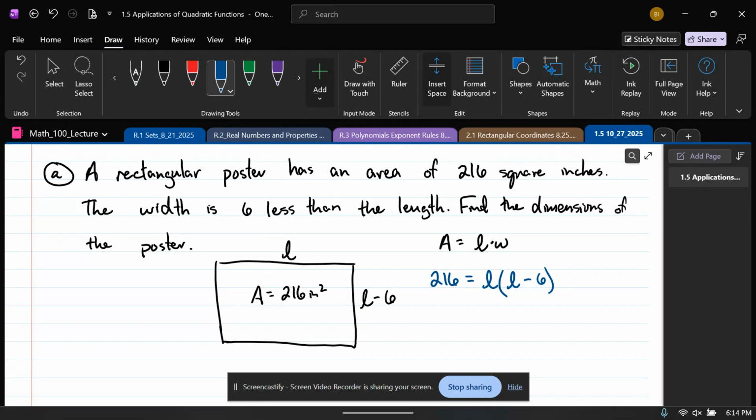This is going to take some of the things we did in lab today and the equation solving we've done in lecture so far. On the right-hand side, what can I do with that L times L minus 6? Yeah, the distributive property. That's going to get me L squared minus 6L.